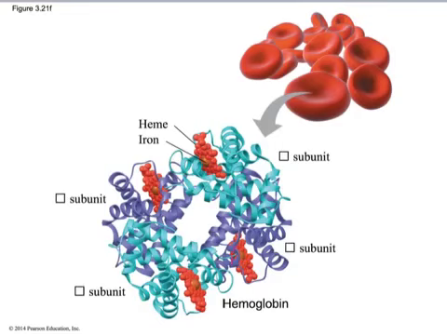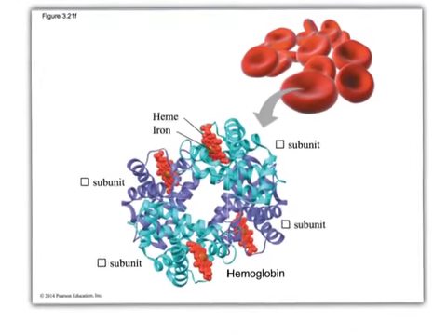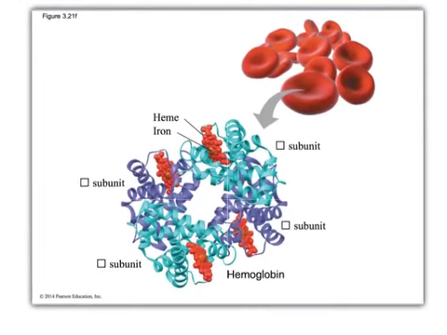Another example is your hemoglobin. You have subunits. There are actually 4 subunits present there: 2 alpha subunits, 2 beta subunits. Each of which binds an oxygen through the heme group. So you have 4 heme groups.